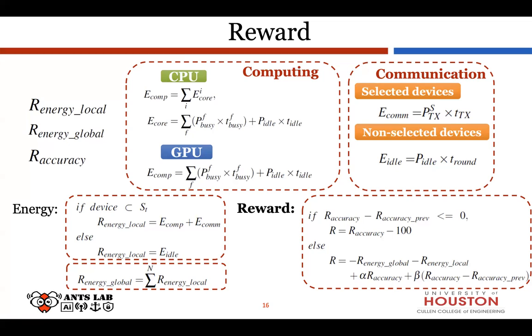Yes. The second thing is, where does the number 100 come from? For example, the accuracy could be 80, 70, or 90. Because we want to maximize the reward, if the accuracy has not increased, we should define a negative value.